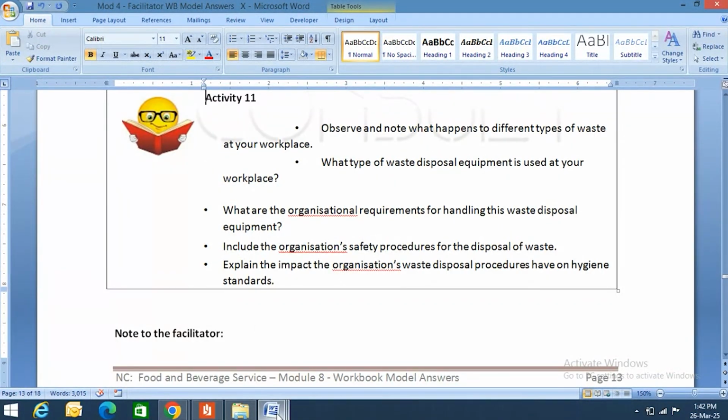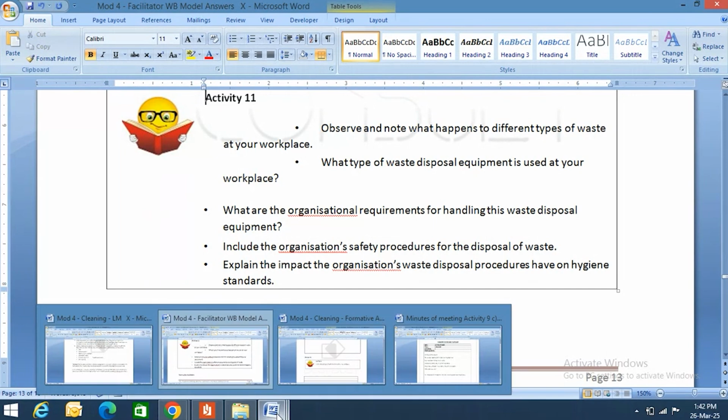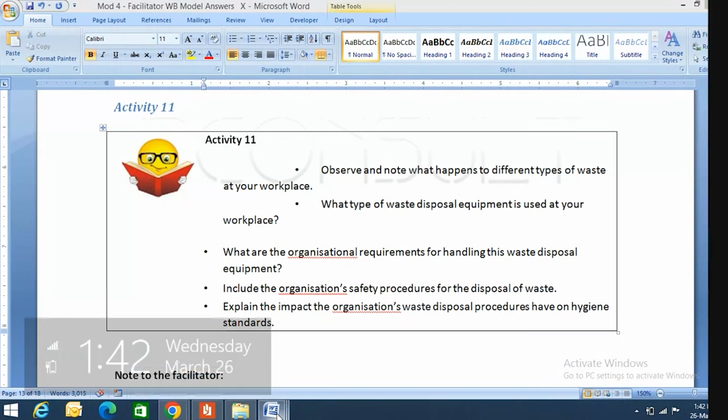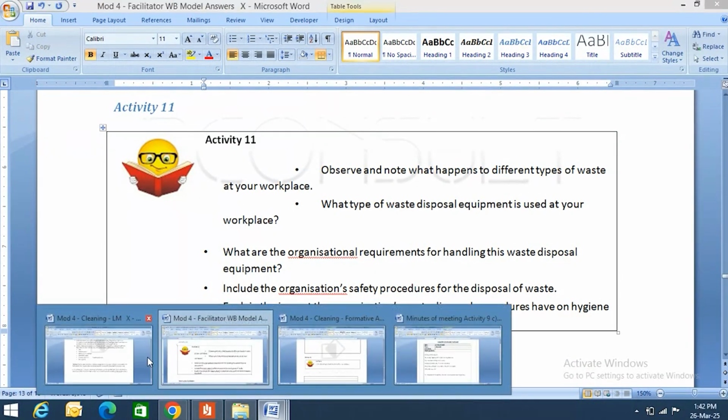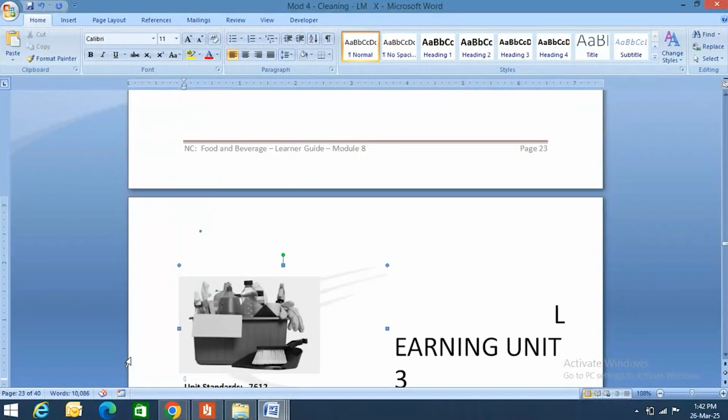And I think let's take the answer from the learner guide. What happens to the different types of waste? Let's see.